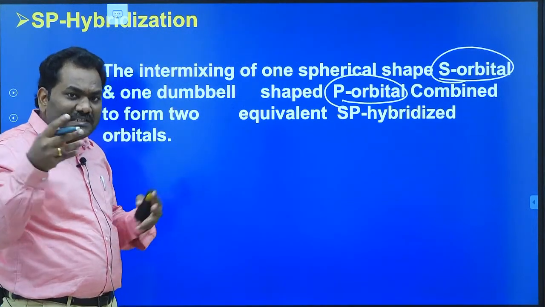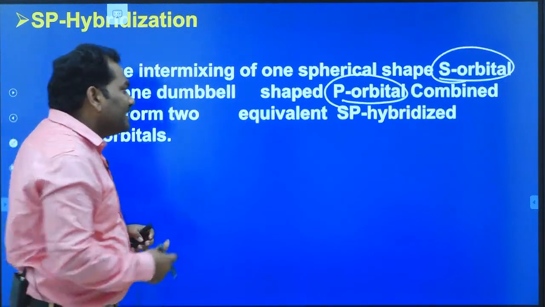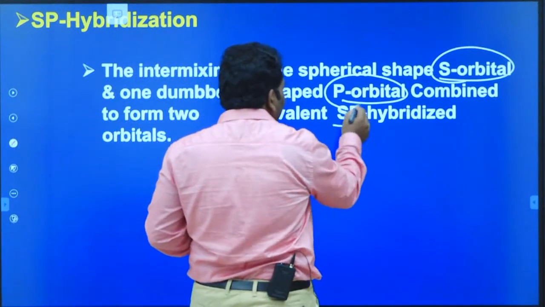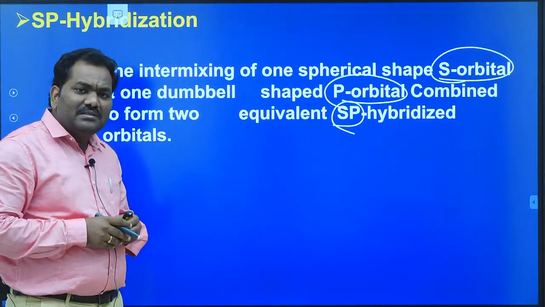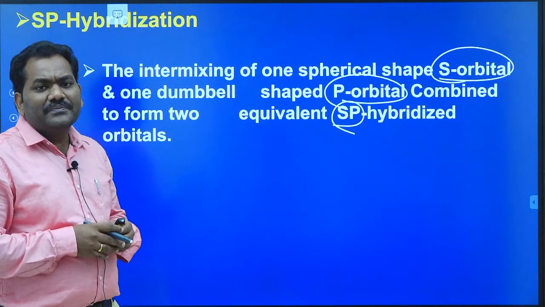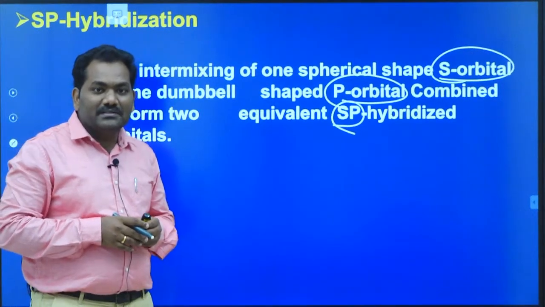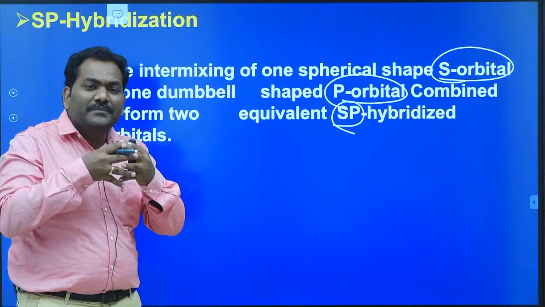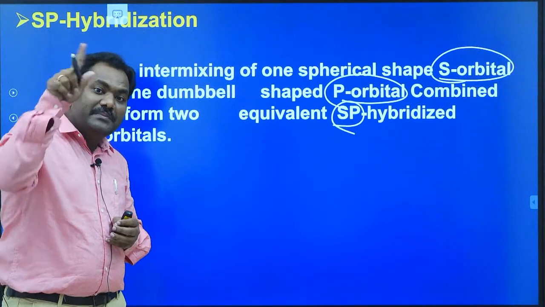These two orbitals are combined to form two equivalent sp hybridized orbitals. This phenomenon is called sp hybridization.